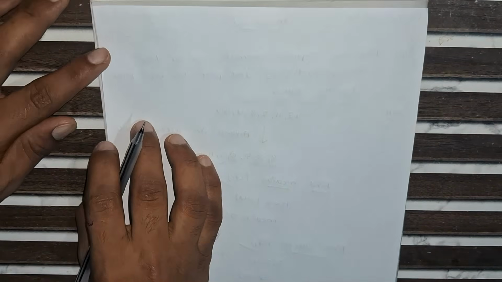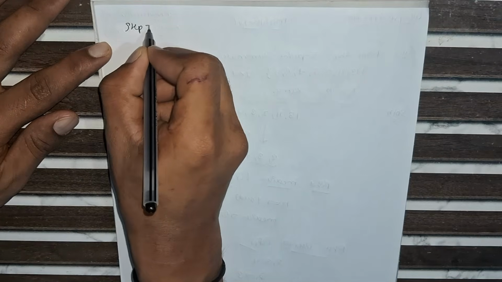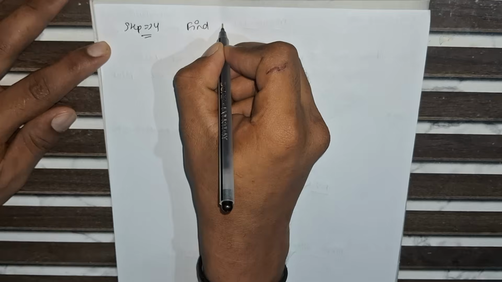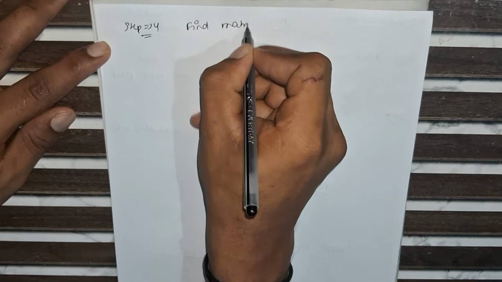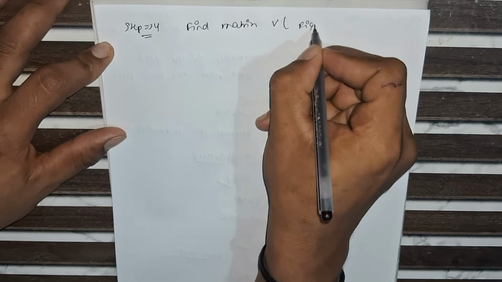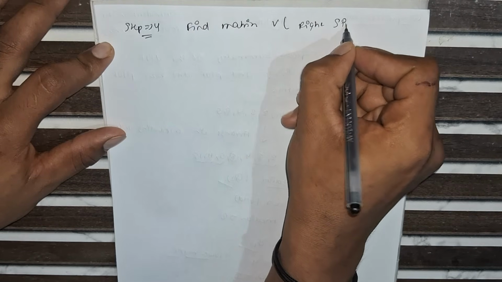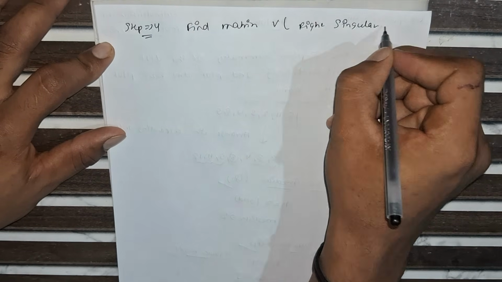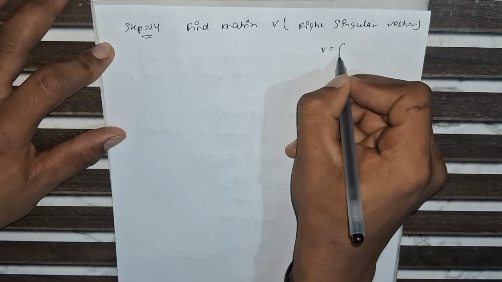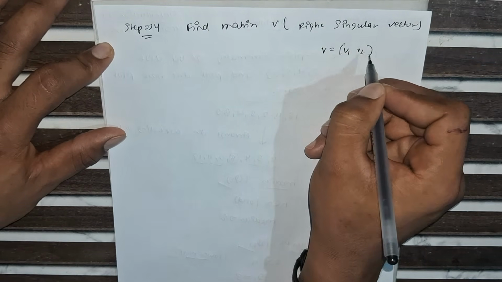So step 4, which is find matrix V, called as right singular vector, which is V equals to V1 and V2.